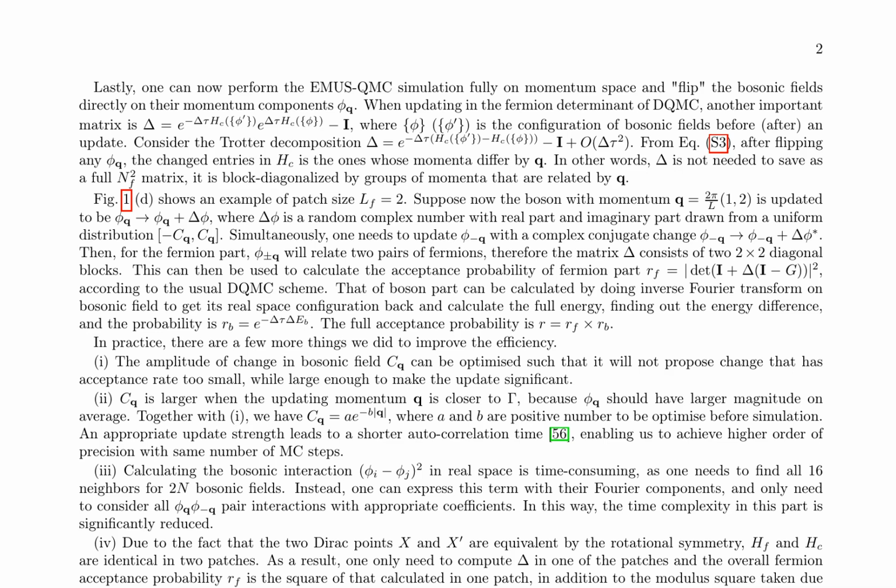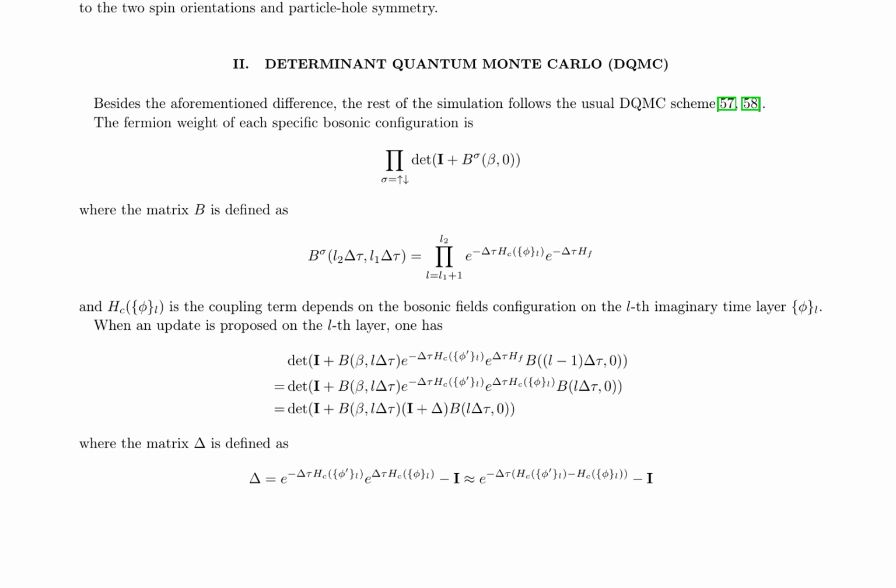The fermion weight of each specific bosonic configuration is given by W_σ = det(I + B_σ(β, 0)), where B_σ is defined as the ordered product of e^{−Δτ H_C(φ_l)} e^{−Δτ H_F} over the imaginary time layers.